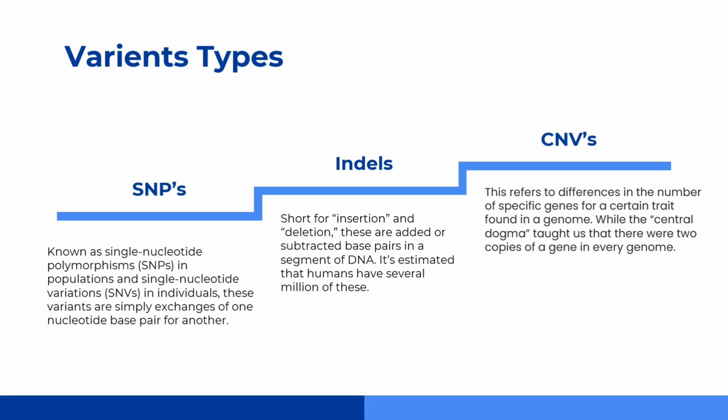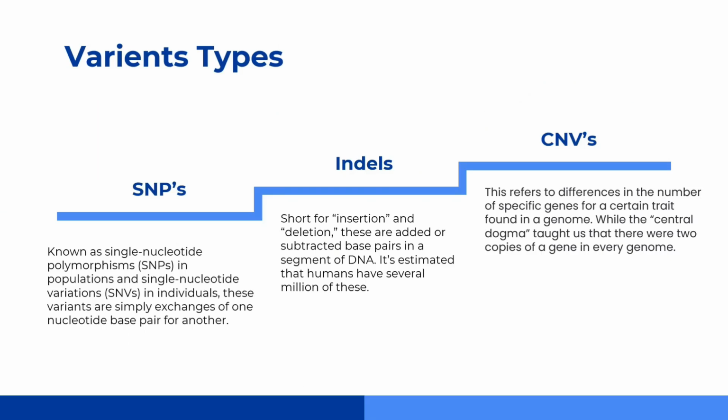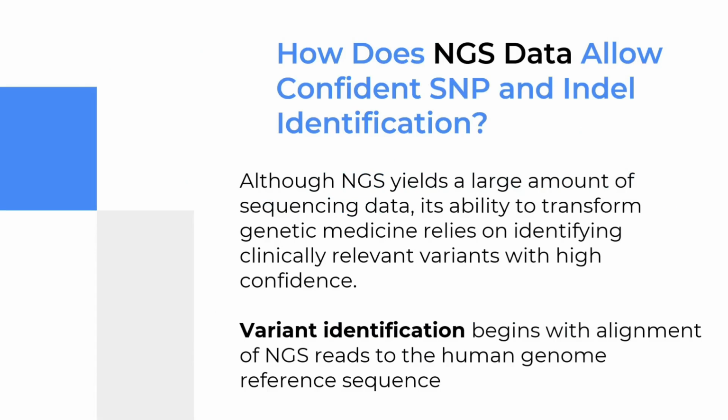For example, while the central dogma taught us that there are two copies of a gene in every genome, there could be three, there could be four. These changes are what we define as CNVs. So the variant types are SNPs, SNVs, insertions and deletions, and copy number variations.